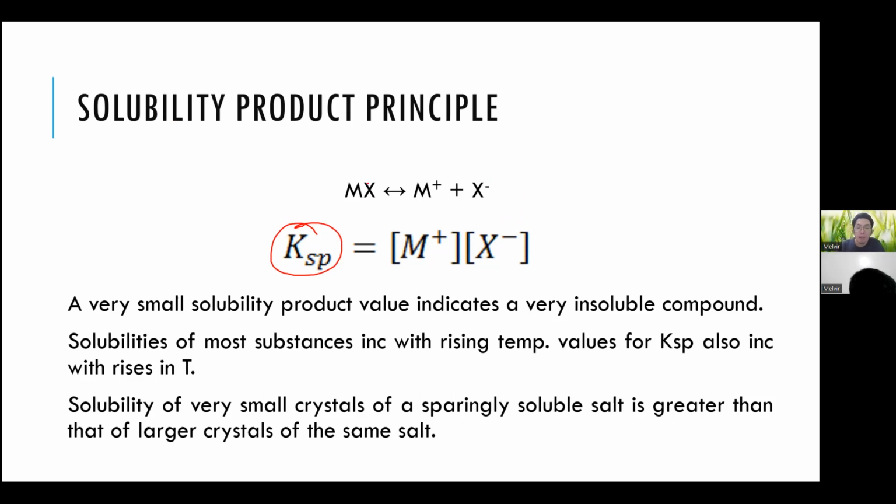So, we'll have a partly soluble metal salt, MX. This MX can be dissolved in water partially to form M plus and X minus.